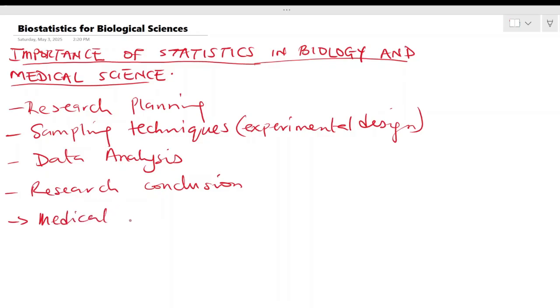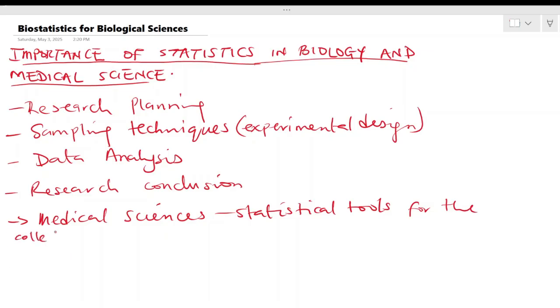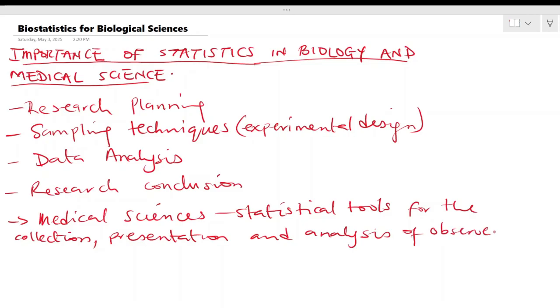In particular, in medical sciences, you have statistical tools that are used for the collection, presentation, and of course, the analysis of observed factual data.